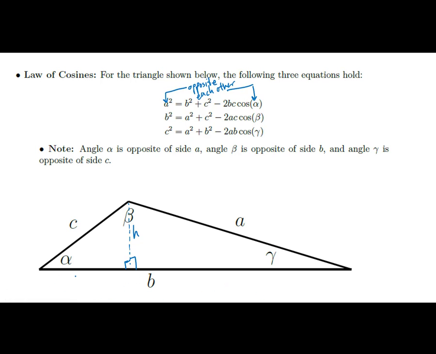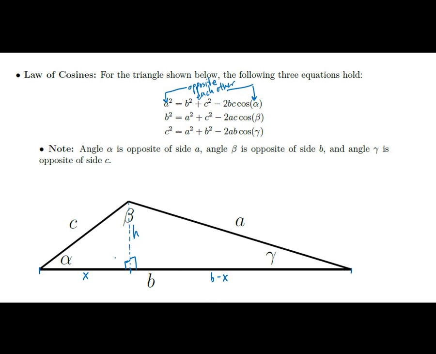On the one hand, we know that this entire length here is b, but I want to break it up into two pieces. So let's call this side right here x, going from here to here. And then the rest of it, if the total is b, would be b minus x.